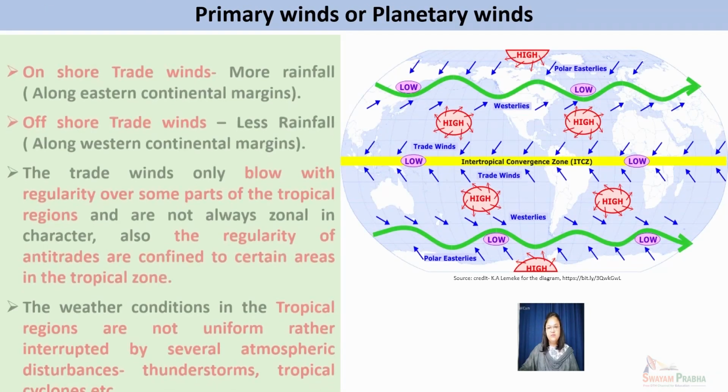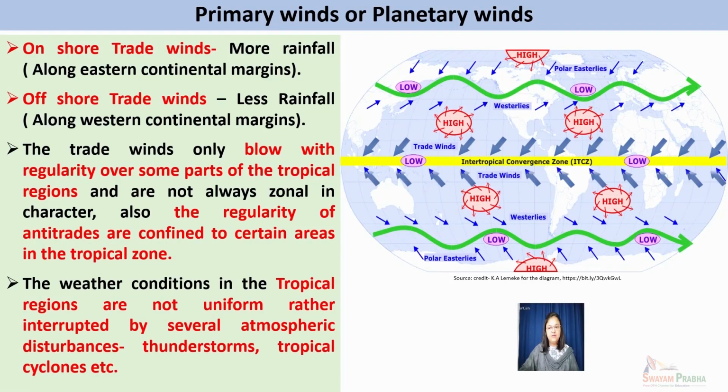As the trade winds blow from the subtropical high pressure belt regions towards the equatorial low pressure belt regions and the intertropical convergence zone, you have onshore trade winds along the eastern continental margins, which leads to heavy precipitation along the eastern margins of the continents.